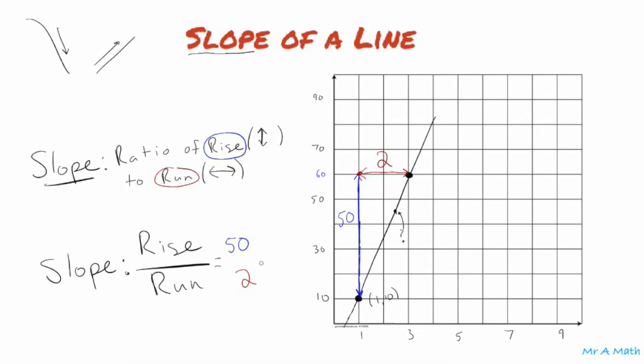So now we just have to simplify this fraction down. If my slope is rise over run, which is 50 over 2, 50 divided by 2 can be written as just 25 over 1. Or sometimes you can just write it as 25. Either way doesn't really matter. It depends on who's asking the question and what information they want.